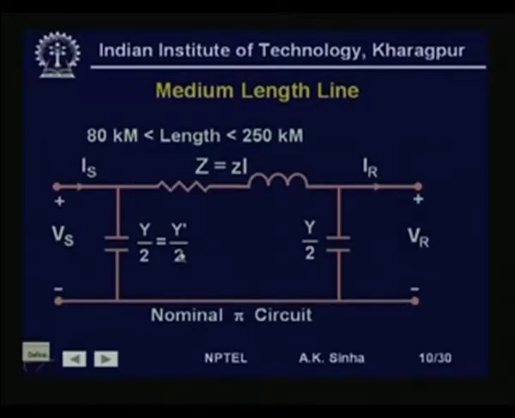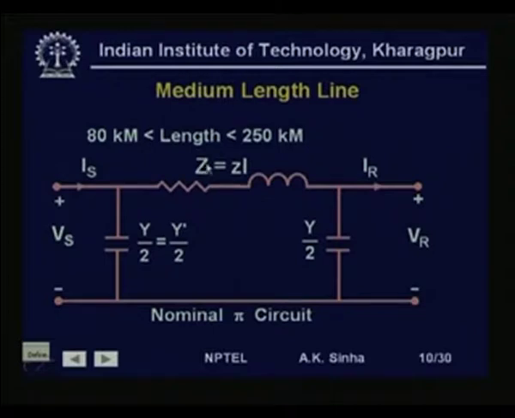What we do here is, again we use a lumped parameter model, where the total resistance of the line is lumped as one resistance, and the total inductance of the line is again lumped together. So, we get R plus j omega L as the series impedance of the line.